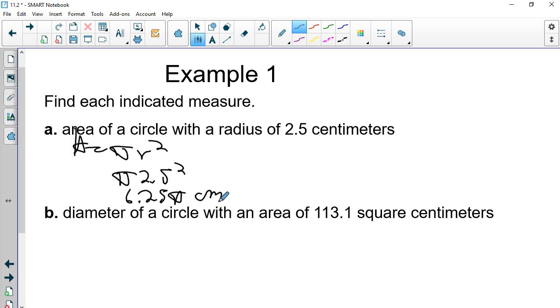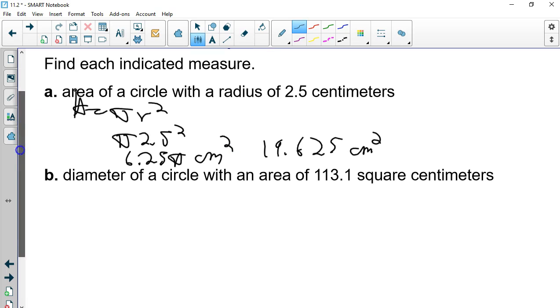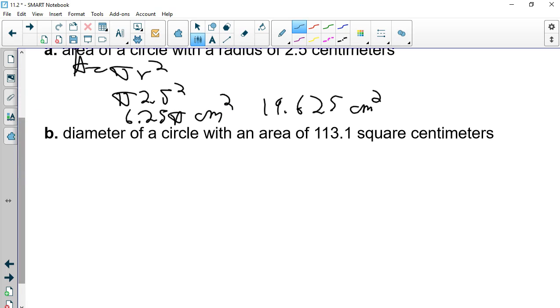Or you take 6.25 times 3.14 and get 19.625, and that's square centimeters because we're talking about area. Now working backwards, find the diameter of a circle. So this time we do know the area, 113.1, equals pi r squared.